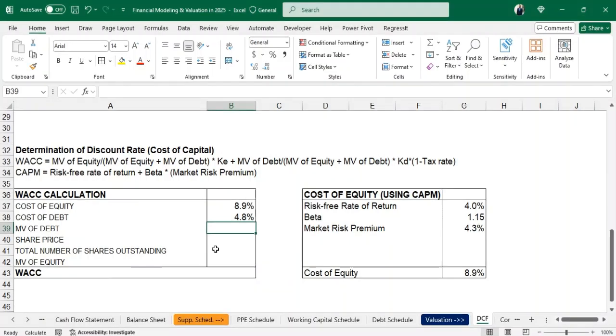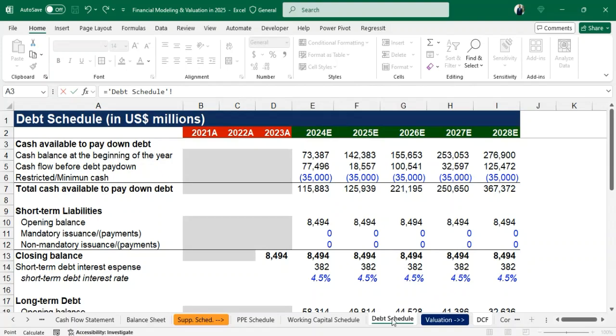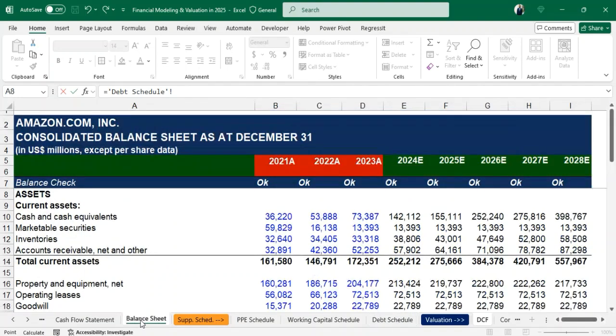So the market value of our debt is going to be equal to, we can find that from our cash flow statement, the balance sheet, or we can also find it from the debt schedule. So let's go to the debt schedule rather and pick it from there. Unfortunately, on the debt schedule, we only have our historical years. So let's go to the balance sheet and pick it from there.